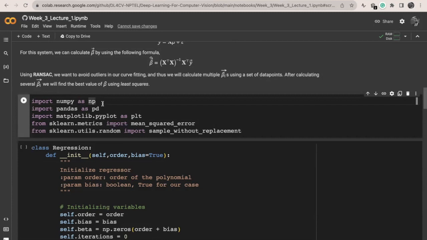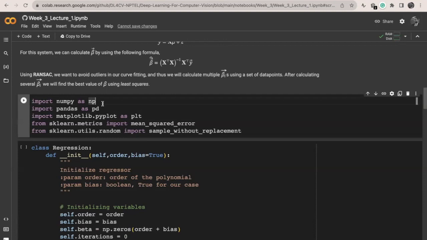The second library is pandas, which we use while dealing with the data. The third one is the matplotlib library, which we use for plotting curves and charts.